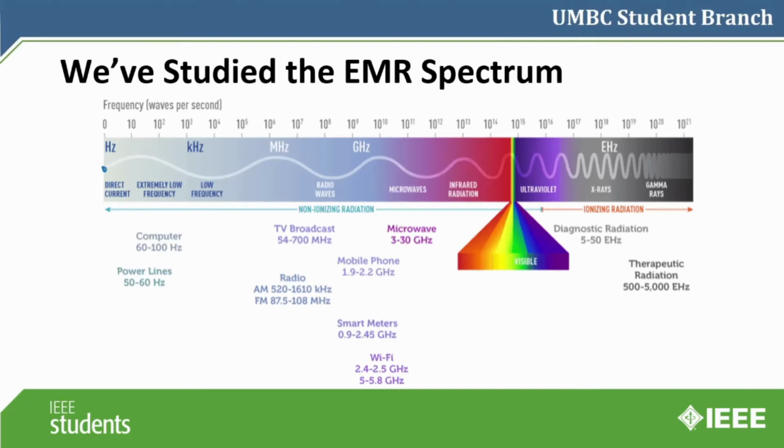At the bottom, at zero frequency, we have our DC. And as we start oscillating our wave, we will see that we get things like 60 hertz to 100 hertz. And these are what we use for our power lines because they can go very long distances. The lower the frequency, the longer the distance, except for direct current.